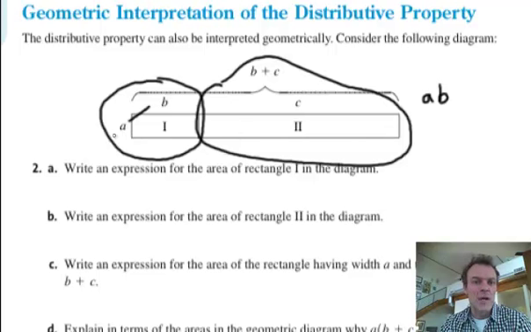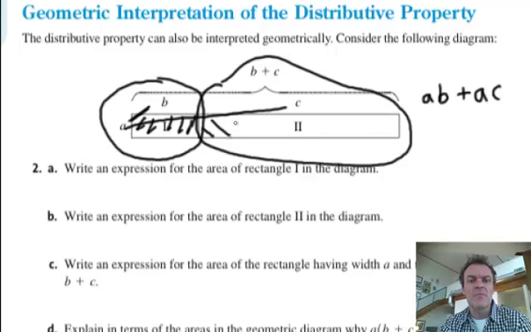Its width is still A, but its length is C. So if you add those two together, the area of the whole two pieces is A times B for this one, and A times C for this one, the two separate rectangles.